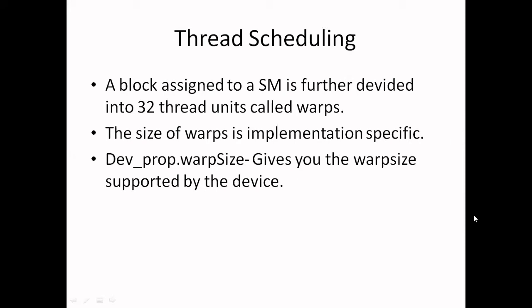So, thread scheduling. Here I am telling you that in a block we have multiple threads. However, there will be a limitation of a streaming multiprocessor. As we have already studied, there is something called a warp. The size of the warp is 32 threads. Why was it so?